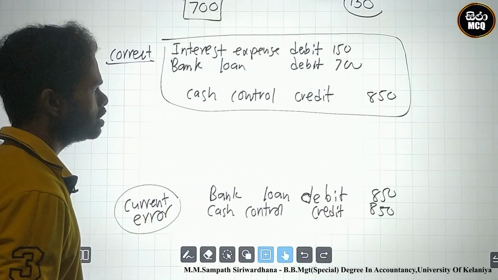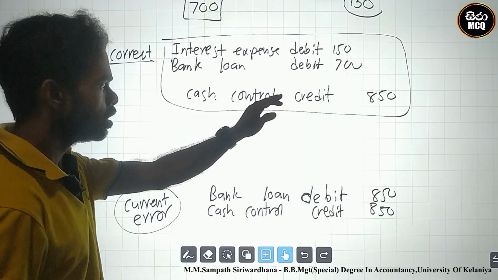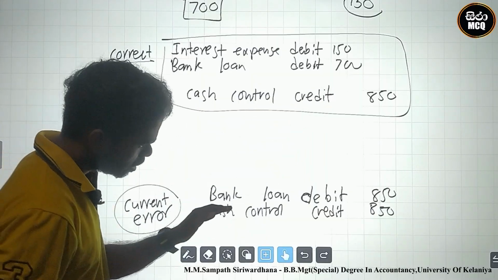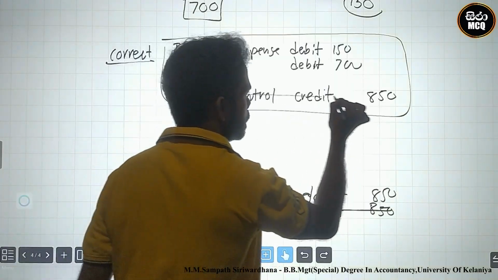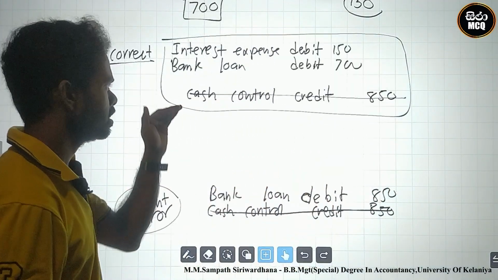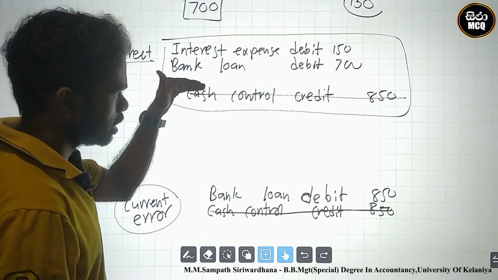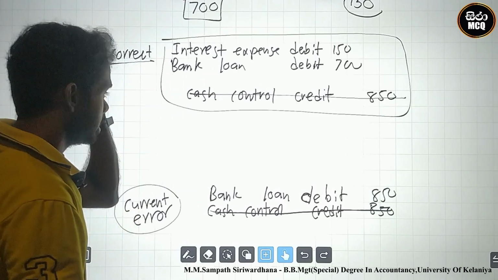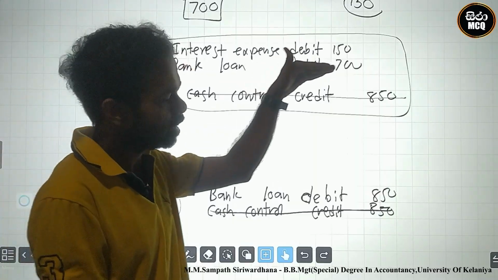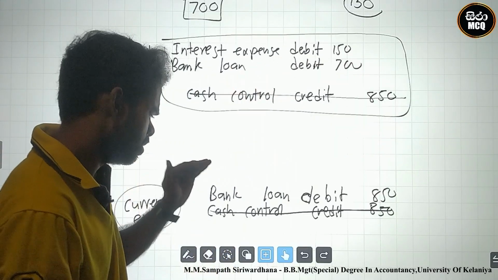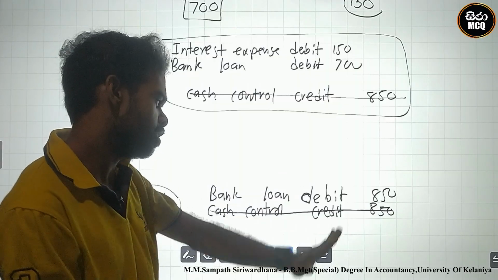What are the same? Cash control credit 850, cash control credit 850. Eliminate this, ignore this. Same. Current situation, cash control; correct situation, cash control credit 850. Currently, cash control credit 850.